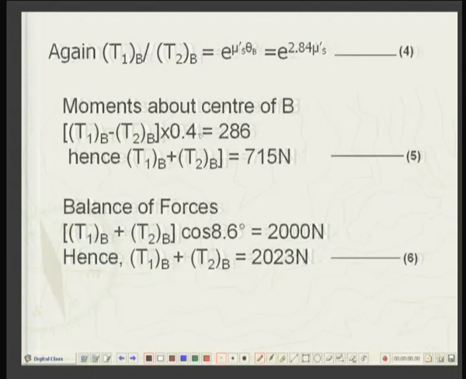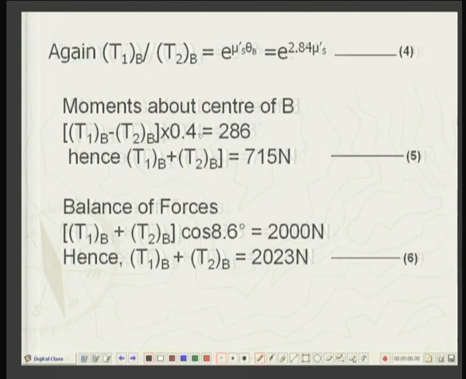Again take the moments about the center of the pulley B, then the sum of the two tensions is 715, then balance of forces, that is the reaction at the bearings, is again 2000 newtons, and this will again give me T1B plus T2B is equal to 2023.